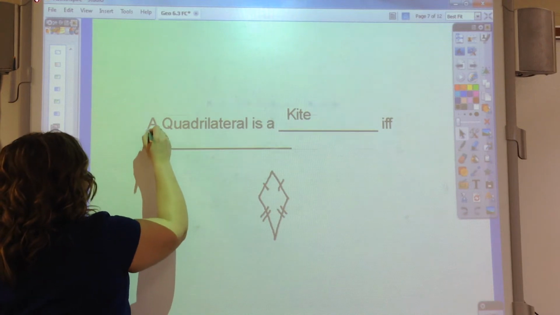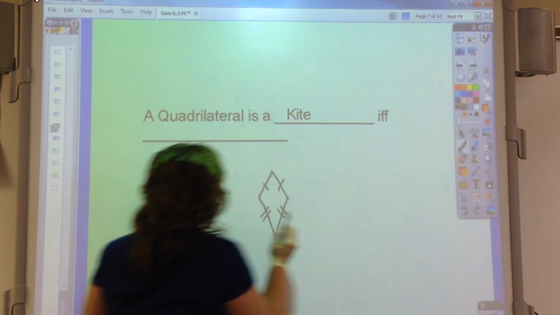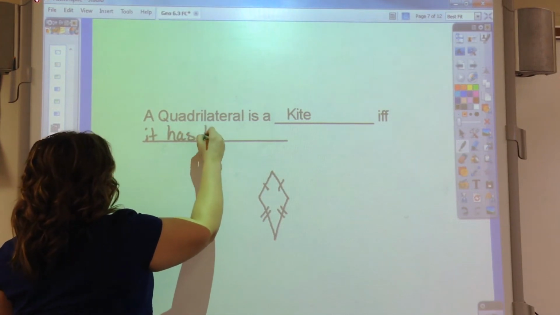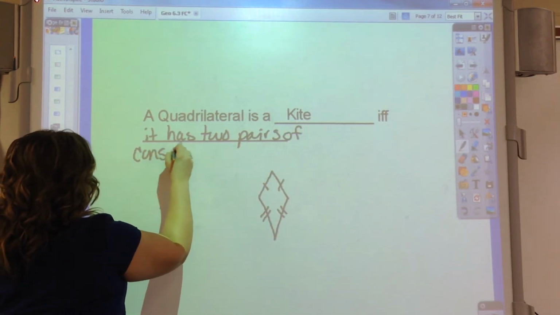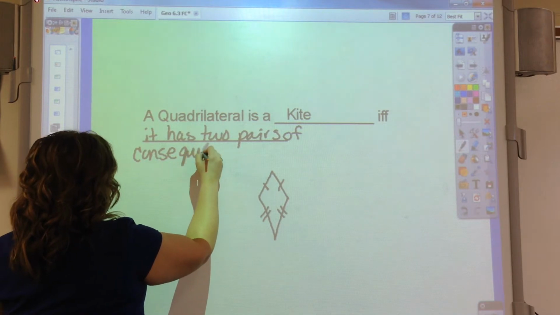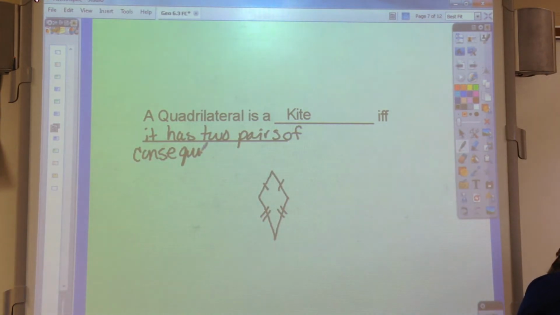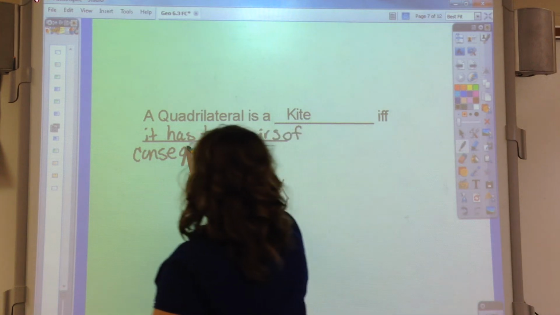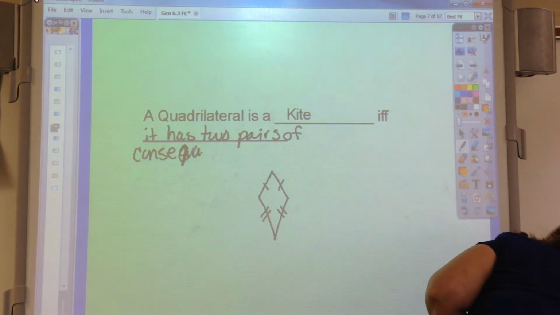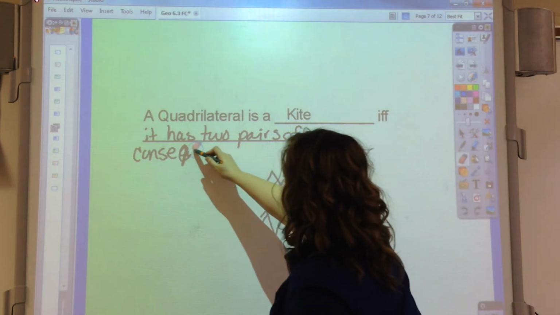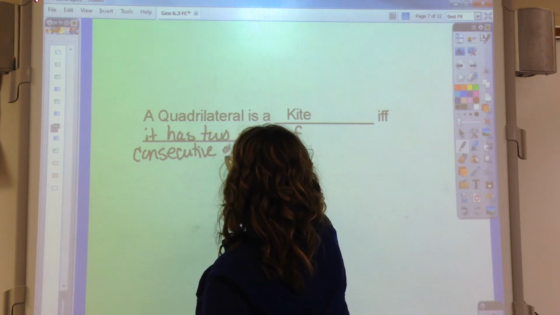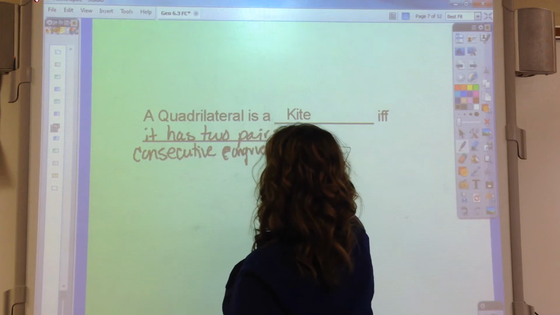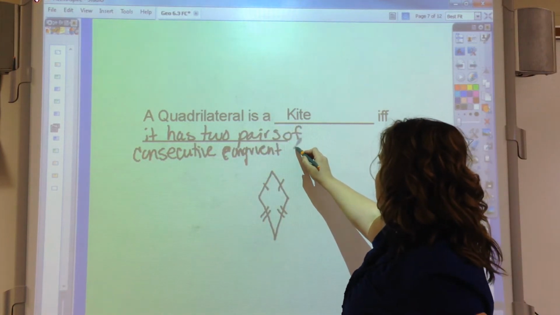So I'm going to say if and only if it has two pairs of consecutive congruent side lengths.